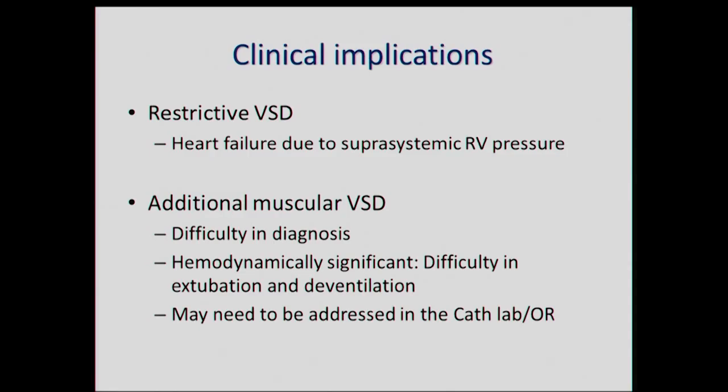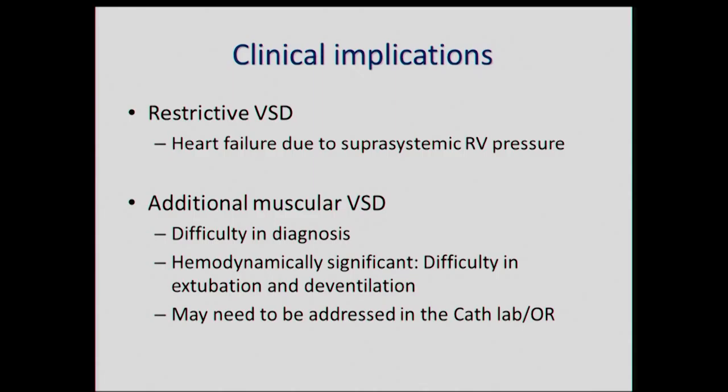Additional muscular VSDs pose a significant difficulty in diagnosis because of systemic right ventricular pressure. And the position of these VSDs can be so unique that they could be overlooked. Sometimes there may be a suggestion or suspicion of these VSDs at the time of doing a cardiac catheterization and a right ventricular angiogram.